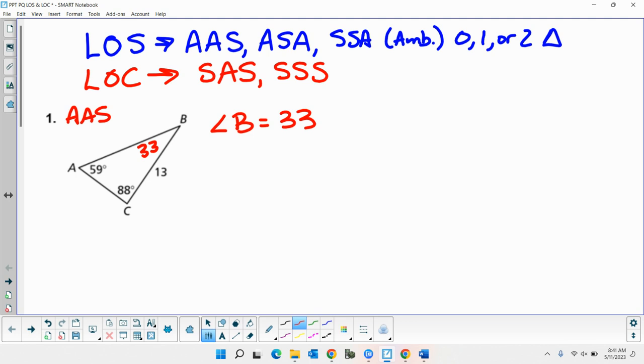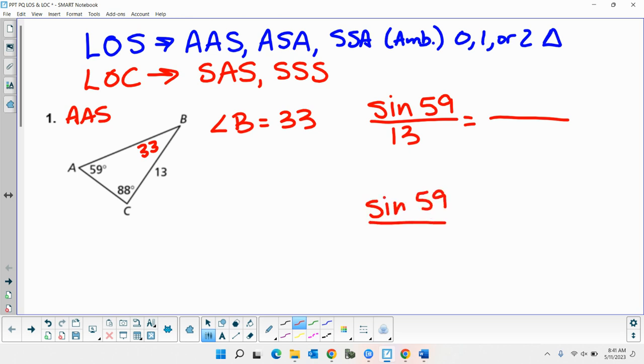So I have an angle and a side, so I'm going to use that for both. And for side B, oh, I know what angle B is, sorry.